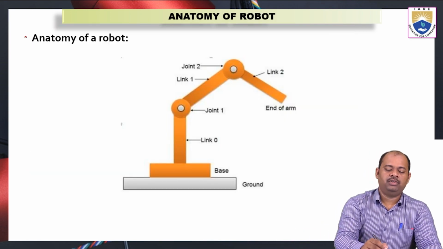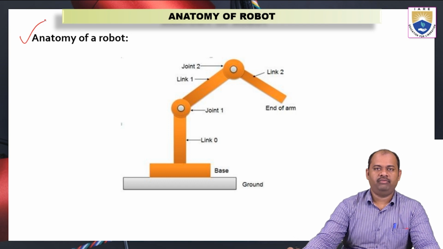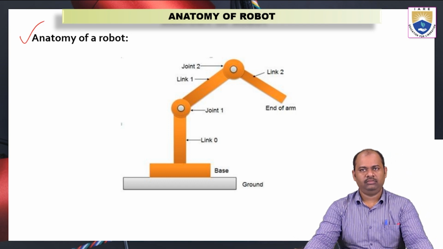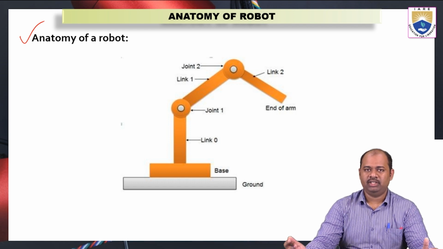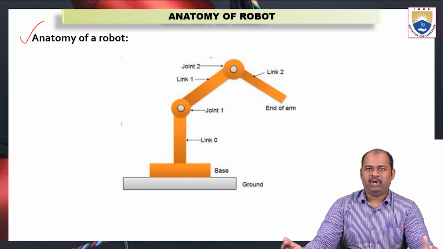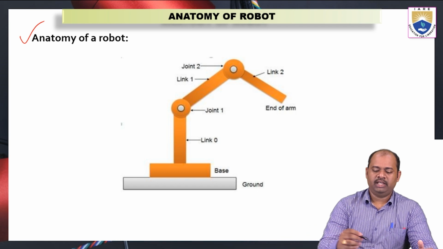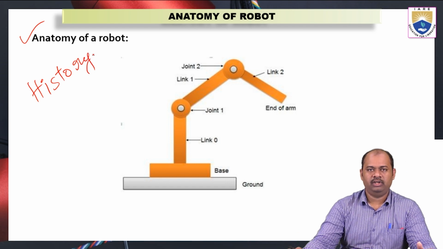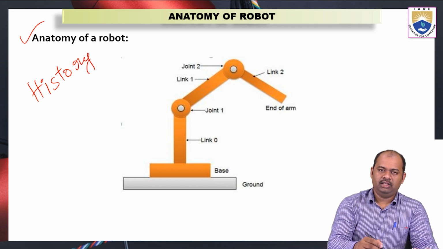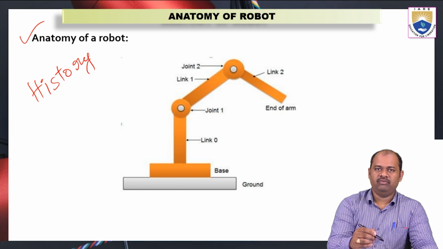So this is the actual topic of this class, anatomy of a robot. Now, in the previous lecture, we have seen what is a robot, and what the different parts of a robot are. What is the history of a robot? How robots were developed? How robots were frequent back in the years, where they were used in films.